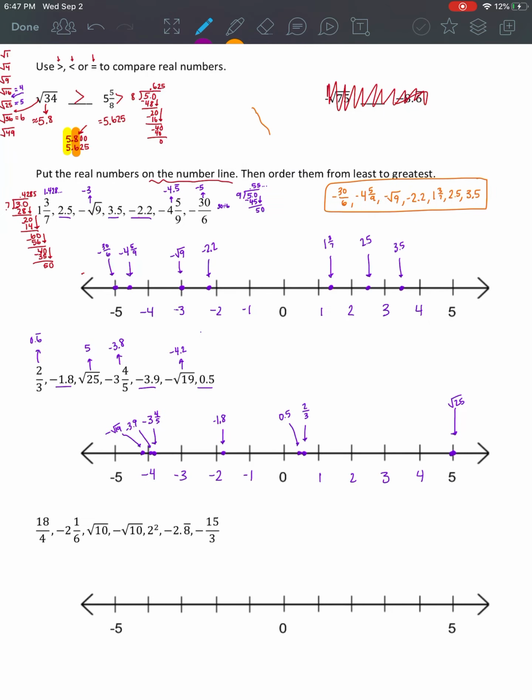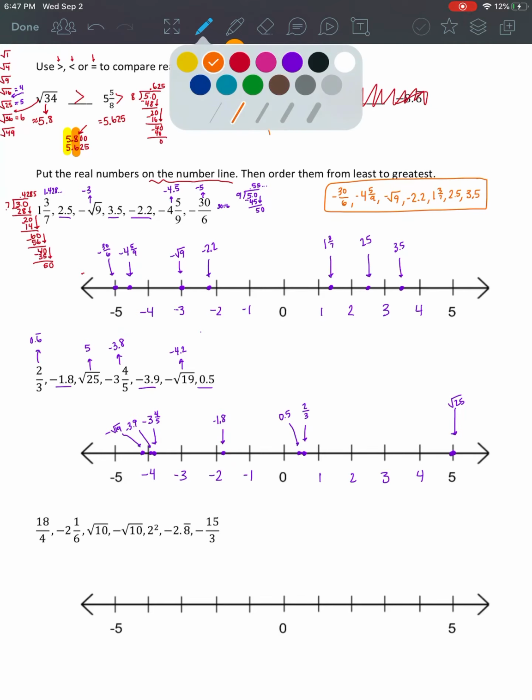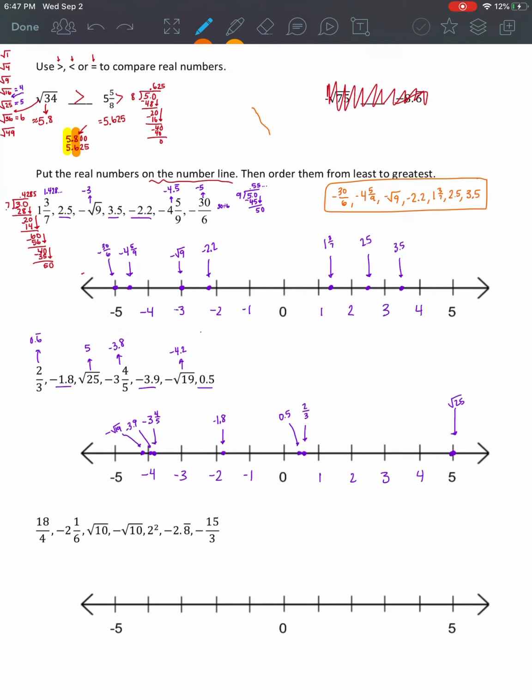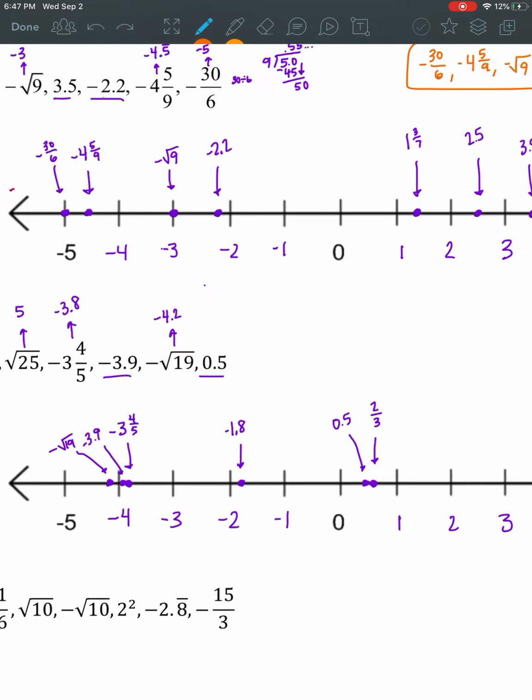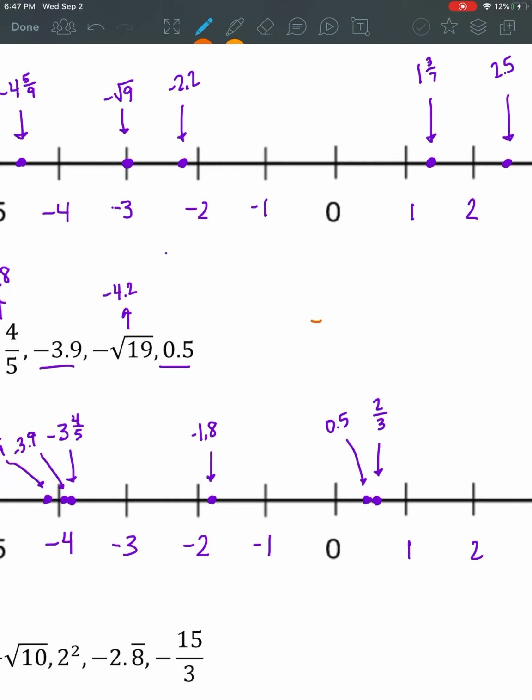Okay, now once we have them all on the number line, well, we can just write them least to greatest. Some of those numbers were pretty close. But we can see now that they're not exactly the same. They are different. So the first one there is the negative square root of 19. And then negative 3.9.